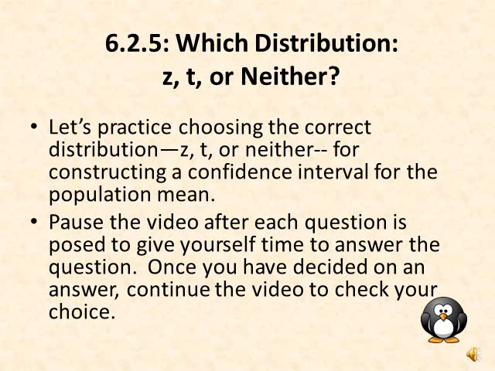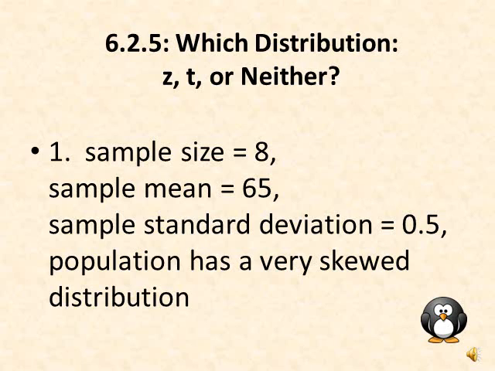Let's practice choosing the correct distribution, Z, T, or neither, for constructing a confidence interval for the population mean. Pause the video after each question is posed to give yourself time to answer the question. Once you've decided on an answer, continue the video to check your choice. 1.